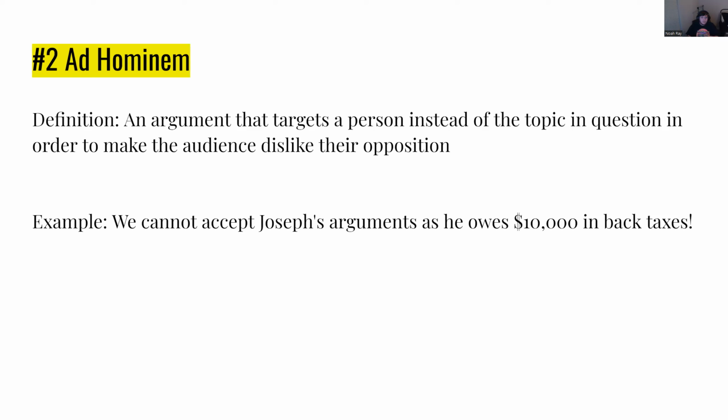The example that I'm using for this one is we cannot accept Joseph's arguments as he owes $10,000 in back taxes. The person in our example is discrediting his opponent, Joseph, and bringing up the fact that he owes $10,000 in back taxes instead of addressing the topic that they're discussing.